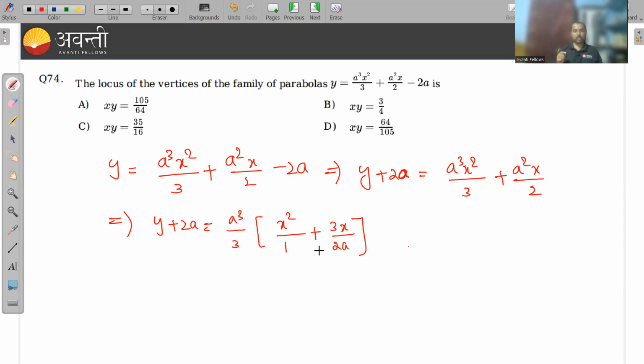Now, if we try to make this bracket a perfect square, let's try it.